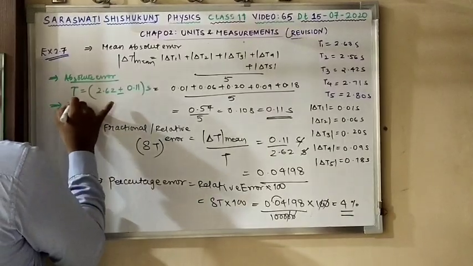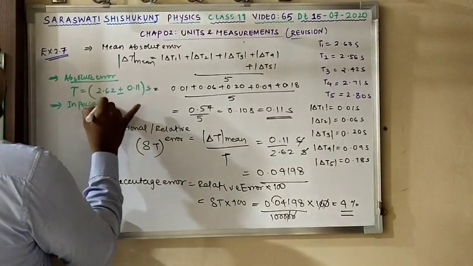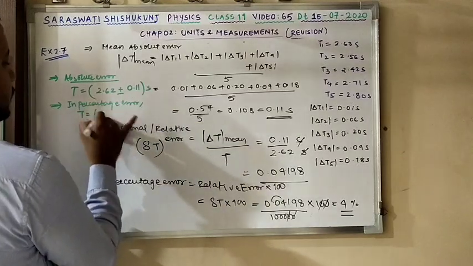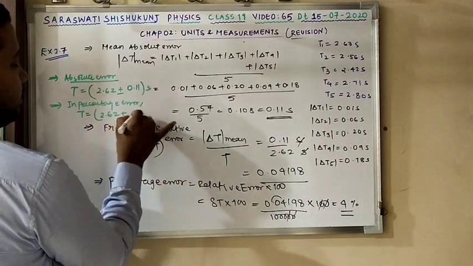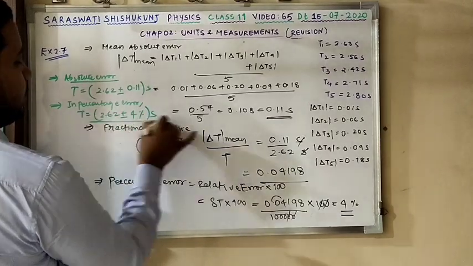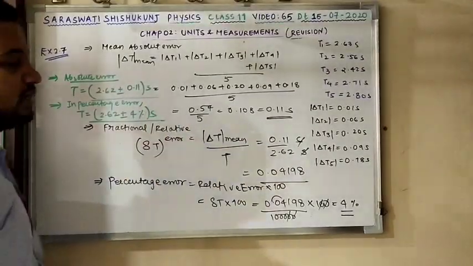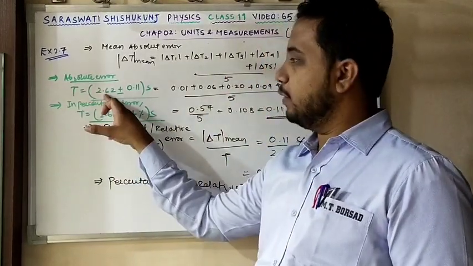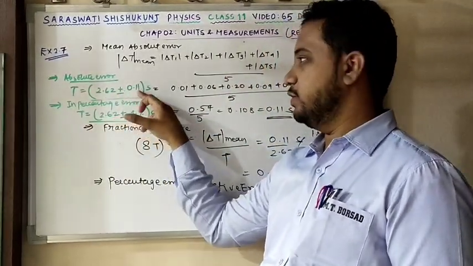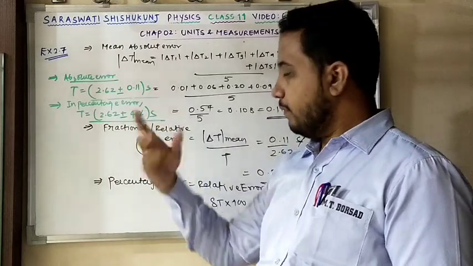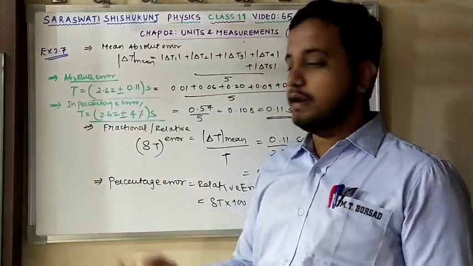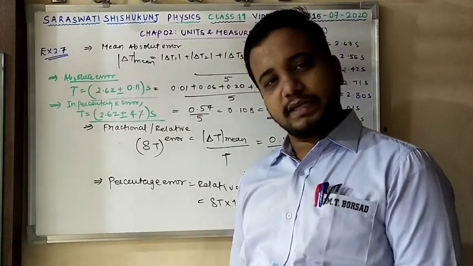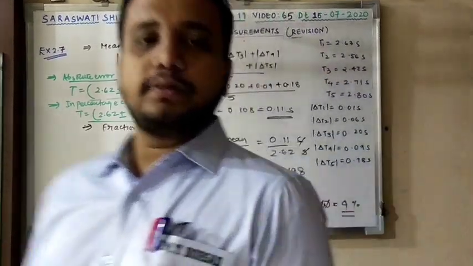Second, in terms of percentage error, I can write T is equal to 2.62 plus or minus the percentage error, 4%. Clear? So these are the two formats in which you can express the answer. If they ask for absolute error, then it is the true value plus or minus your mean absolute error. And suppose they ask in percentage error, then it is your true value plus or minus your percentage error. Hope it is perfectly clear. Very good.